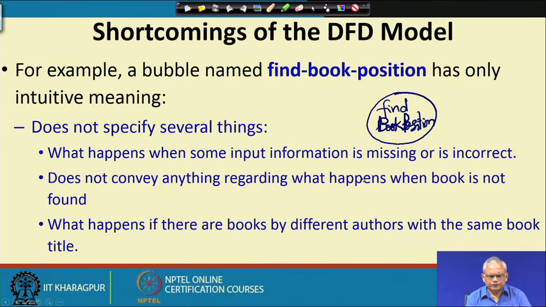And what would happen if, given a book name, multiple entries in the library match the same book title but different authors, or maybe the same author and multiple books? Does it display all of them, or does it display one? Those things are not clear, and therefore the DFD model, at first glance, is imprecise.